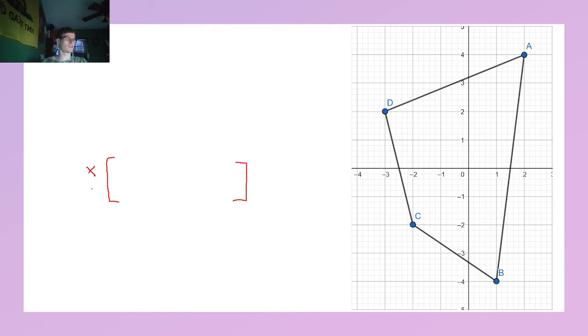So X, Y, A is 2, 4. B is 1, -4. C is -2, -2. D is -3, 2. Okay? Same thing, just a little bit flipped, okay? Flip 90 degrees. So it's the same type of matrix here.